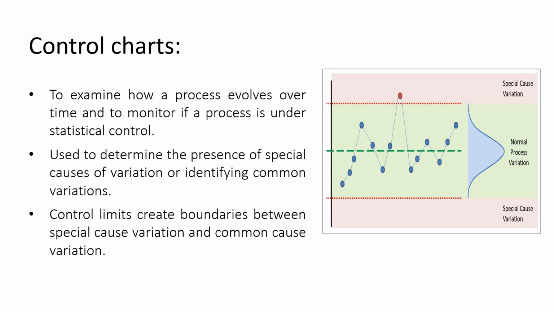These control limits create boundaries between common cause variations and special cause variations. Everything that falls between upper and lower control limits is generally considered normal process variation. If we run into a data point that falls out of the control limits, that should be a sign perhaps we are experiencing some special cause variations.